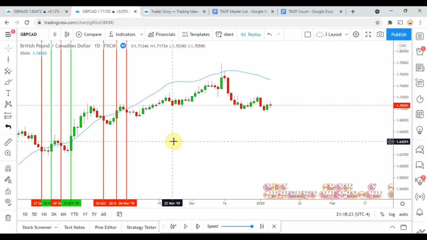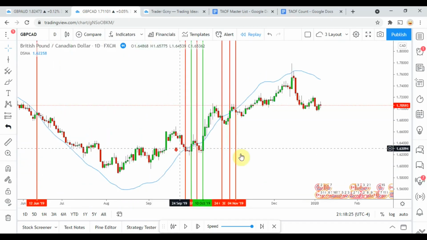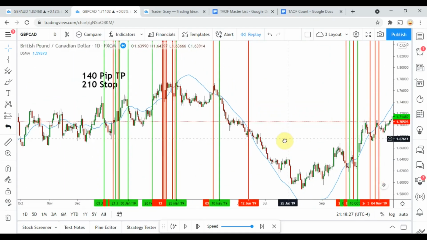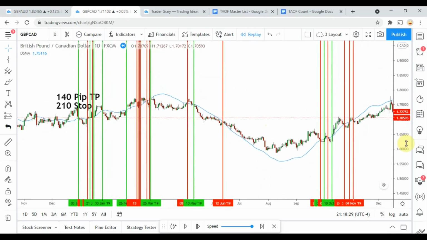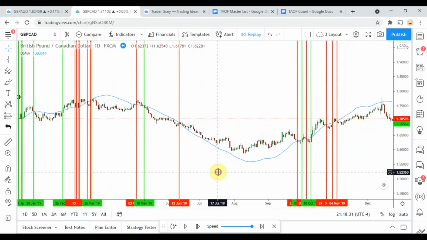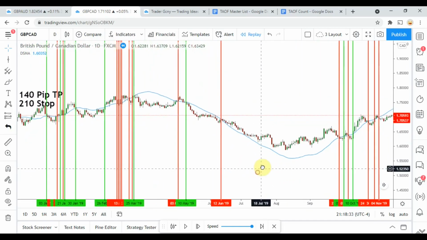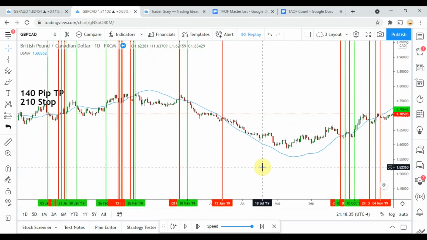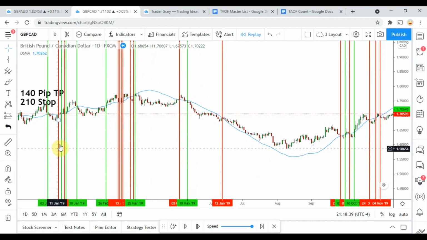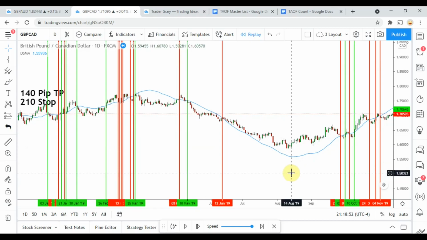So all right, back to the indicator here. This was a rather weird indicator. It did a few strange things. Let's count these out and see what we get out of it. So we have 1, 2, 3, 4, 5, 6, 7, 8, 9, 10, 11, 12, 13, 14, 15, 16, 17, 18, 19, 20, 21, 22, 23, and 24.